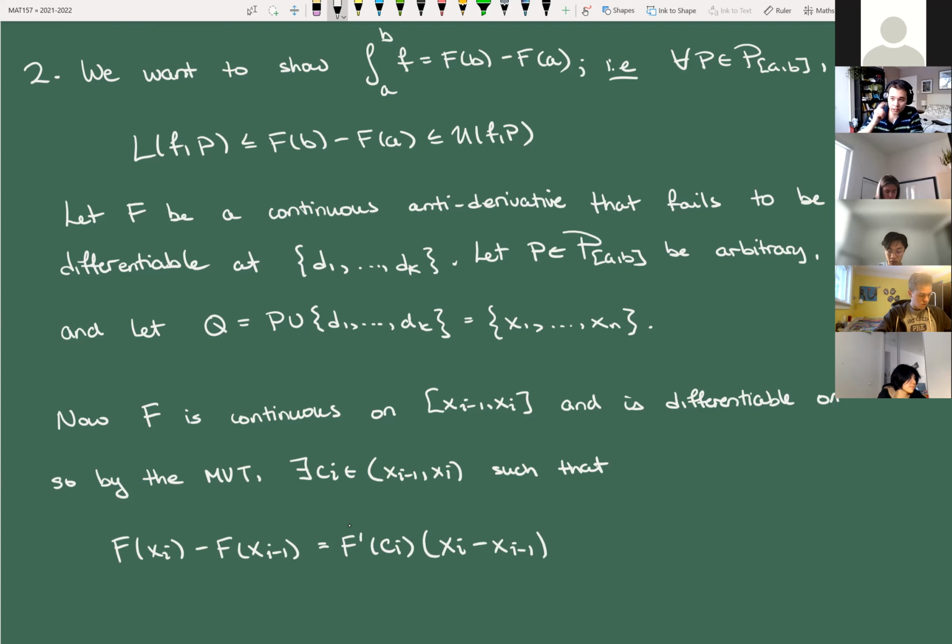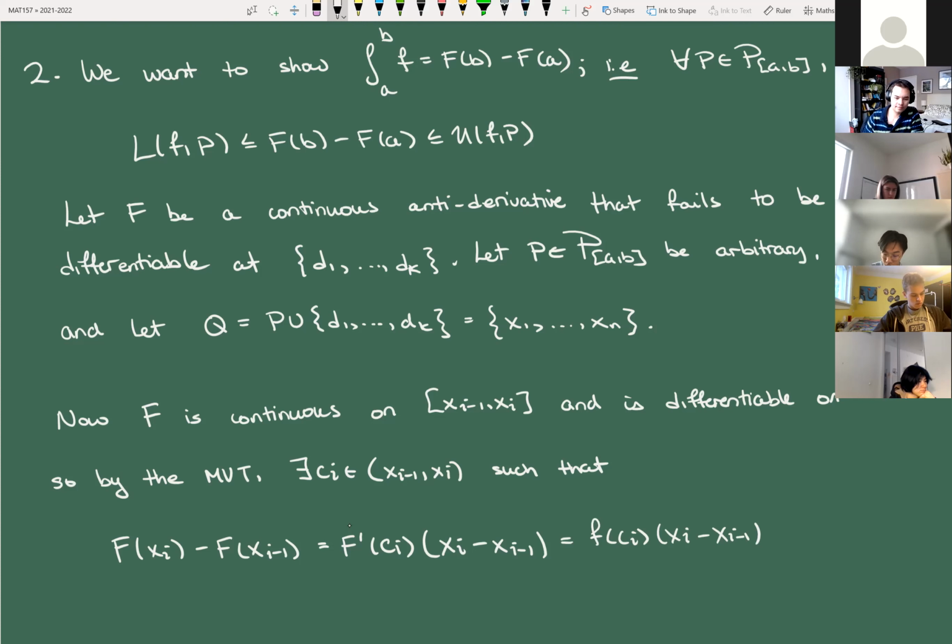But, and here's where, no, I guess actually, no, I haven't used it yet, have I? Anyway, capital F is an antiderivative, right? So that's true. And what you should see here, you probably can't see it yet, but here's where the super slick thing happens. What happens now if I sum over all the i's?